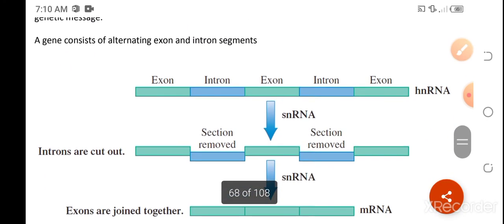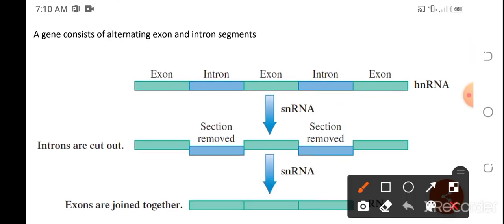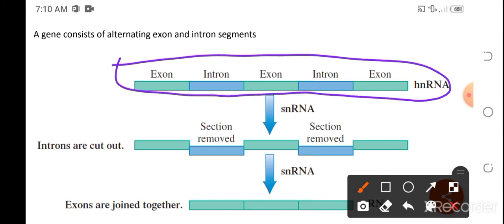Okay? So, an example of this, a gene consisting of exons and introns. So, this is, say for example, the hnRNA. Very heterogeneous siya. May exon, introns. Okay? Laging tatandaan, exon, merong genetic information. Introns, walang genetic information. So, with the action of snRNA, these introns are being cut and removed.